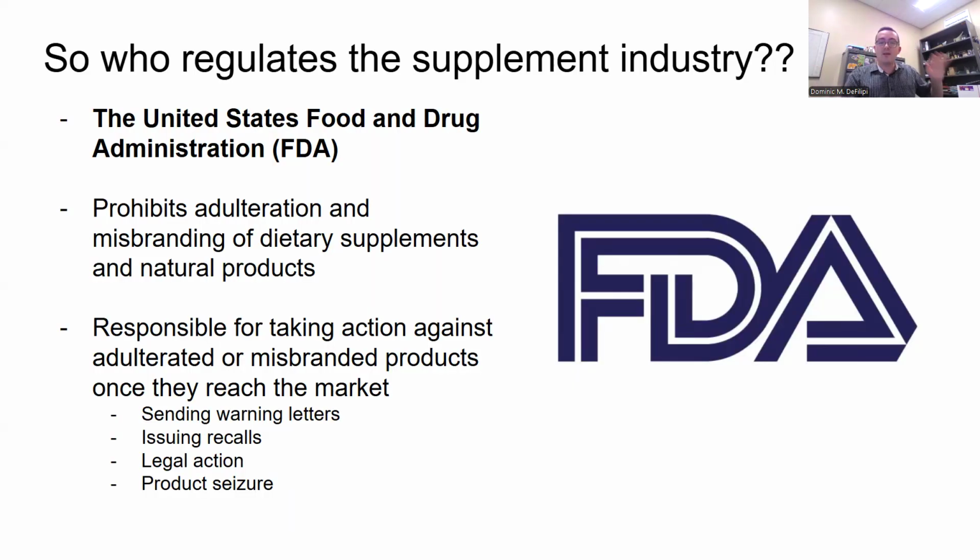And I should mention too, who regulates the supplement industry? Yes, it is regulated by the FDA. We have roughly 50,000 plus, maybe 60,000 plus at this point, individual dietary supplements that are sold on the market, and roughly 5,000 that are introduced to the market every single year.